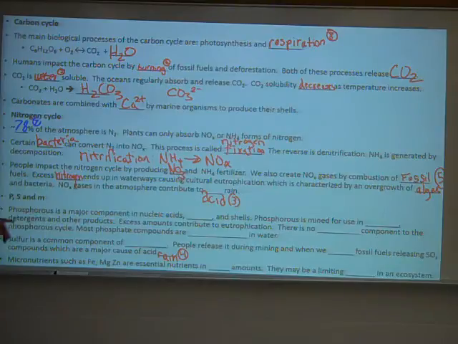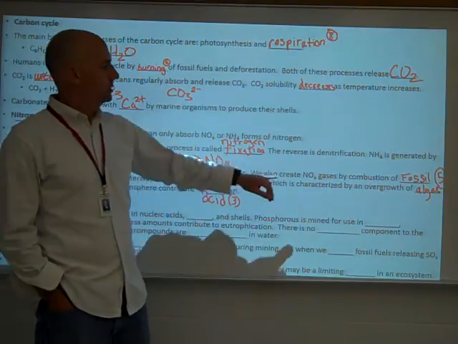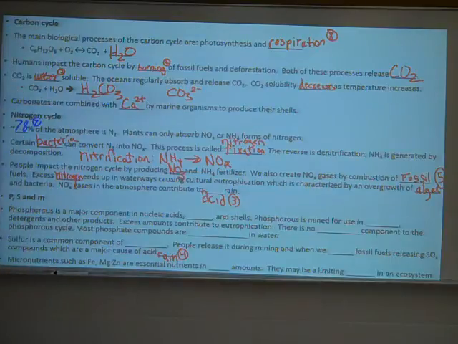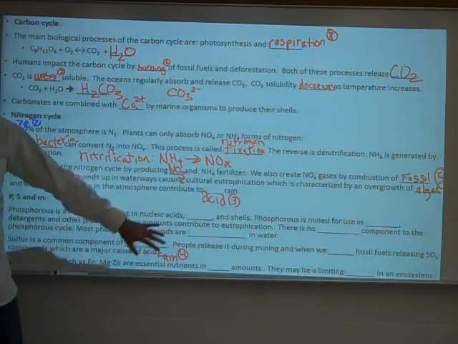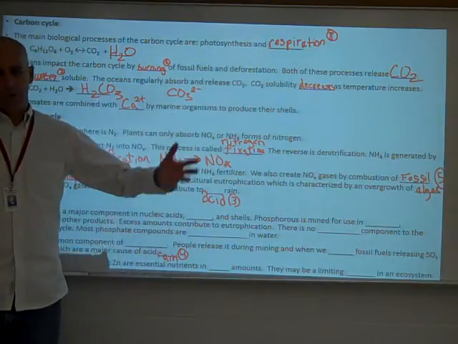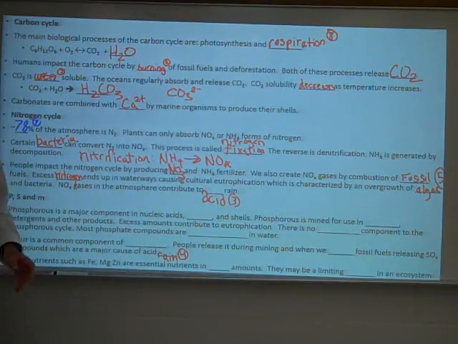And then another thing, these nitrogen oxide gases that are produced during fossil fuel combustion are one of the components of acid rain. We'll talk about how that happens. These nitrogen oxide compounds react with the water molecules in the clouds and form nitric acid. So that's one of the components of acid rain, not the main one, but one of them.